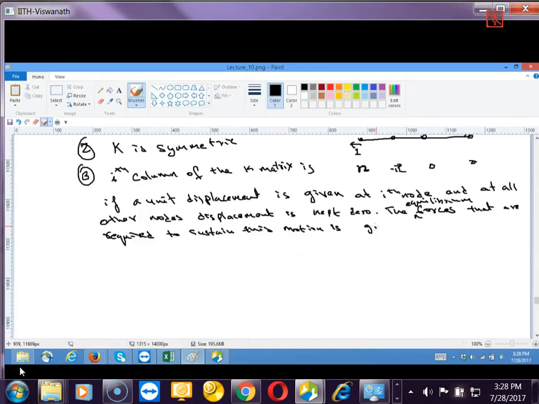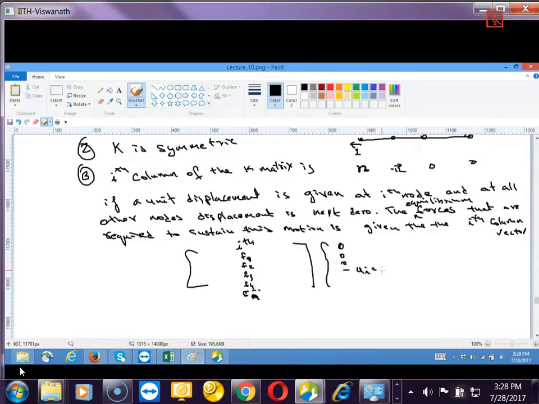So if the displacements are 1, that means this is the ith column. This is F0, F1, F2, F3, F4, and so on. Some forces are there, up to Fn, and all are 0 except my Ui, which is equal to 1, and all others are 0.